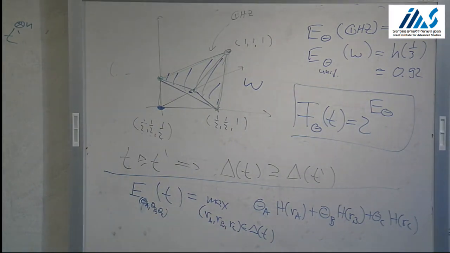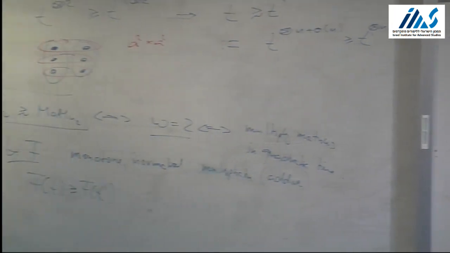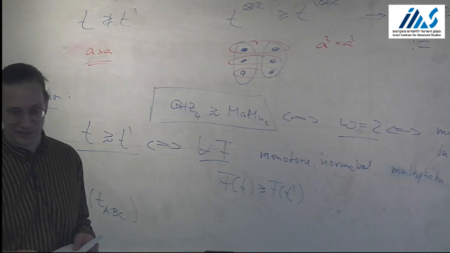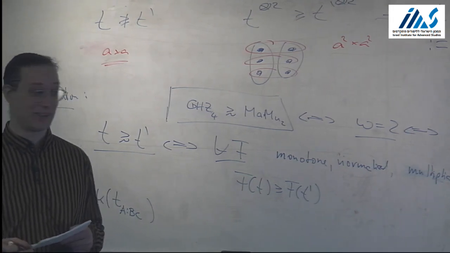So you now have a tool in your hand to study this restriction. Of course, we produced some functions, but we don't know if we produced all functions. And if these were all the functions, which would not be a completely unnatural conjecture, then omega would be 2.